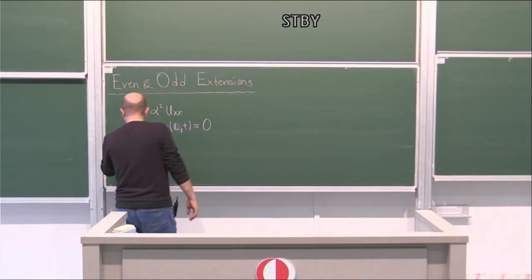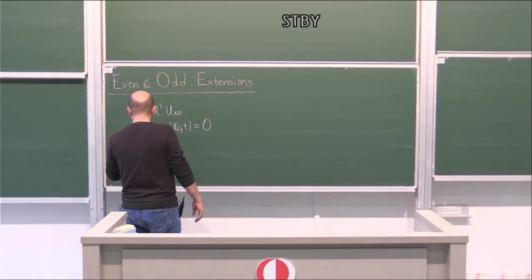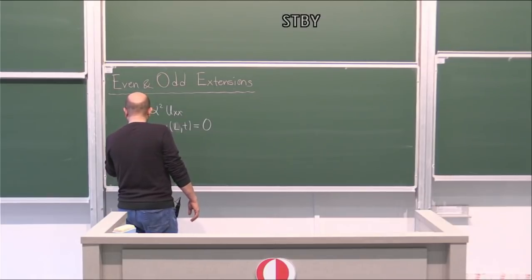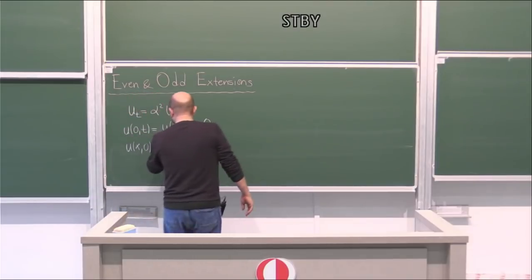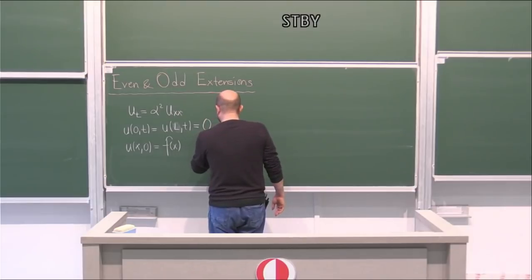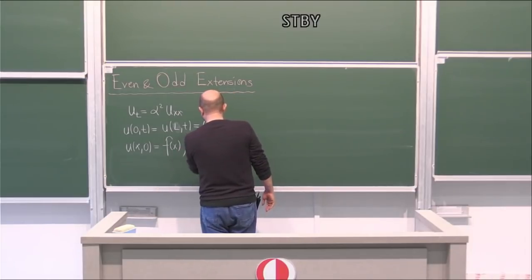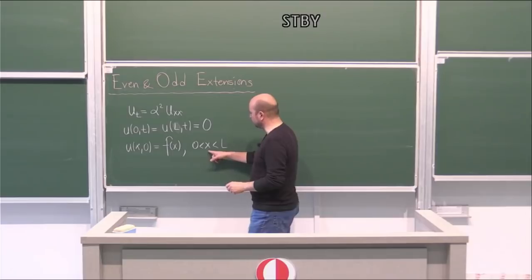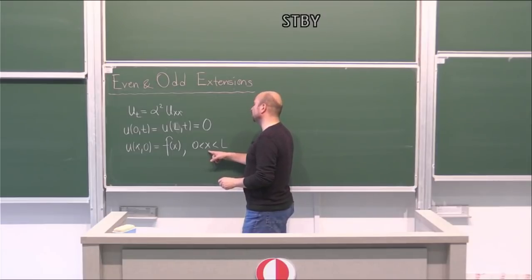And furthermore, we had the following. Initially when the time is 0, for x between 0 and L, u(x,0) equals f(x). So if you know the position on the rod, then initially you know what the temperature is.